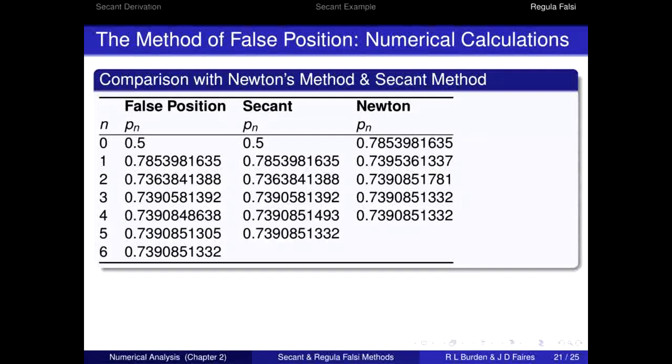Note that the false position and secant approximations agree through P3, and the method of false position requires an additional iteration to obtain the same accuracy. So it is closely related to the secant method.